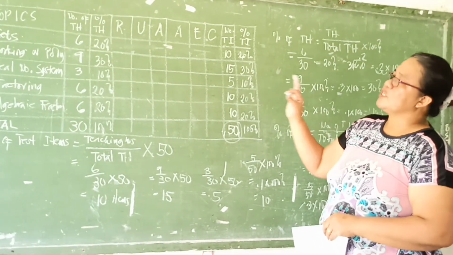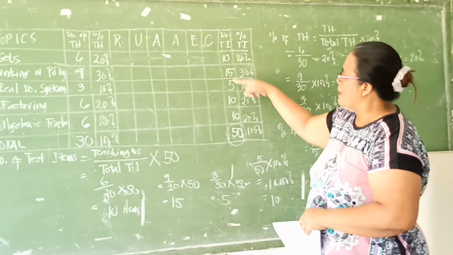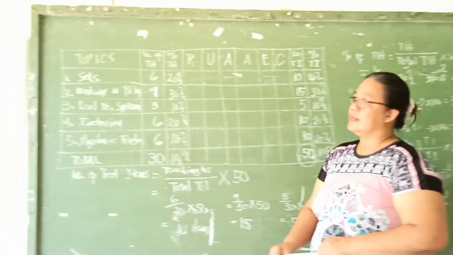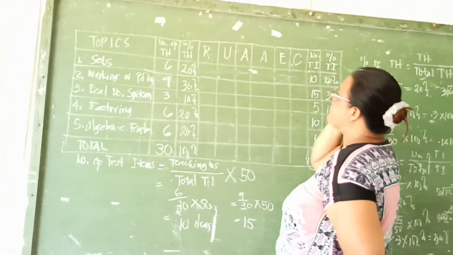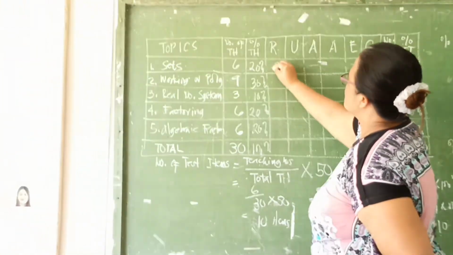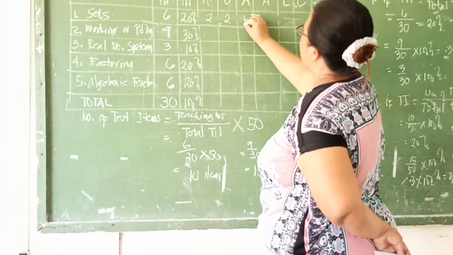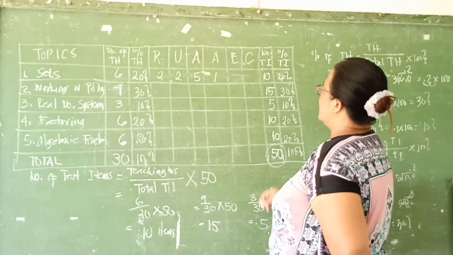So if your computations there are correct, all in all, the values will be equal to your total. For example here, if I have a 10, I include 2 remembering, 2 understanding, 5 applying, and 1 analyzing.